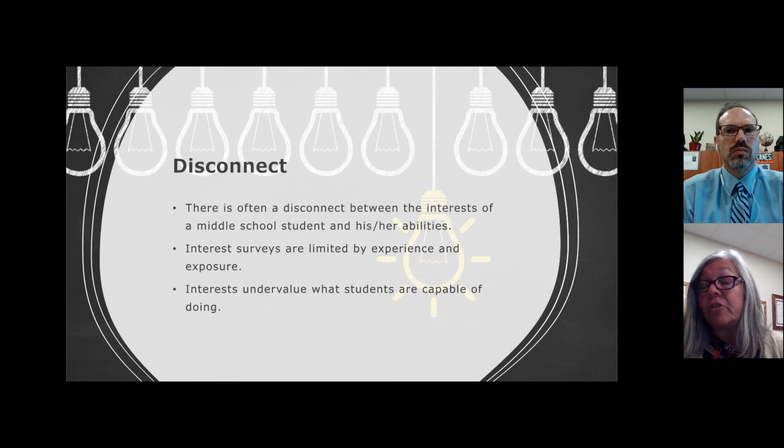Things like professional athletes, musicians, actors or actresses, veterinarians, teachers, doctors, lawyers. There's nothing at all wrong with these professions. In fact, we need them to exist as a community and an economy. But there are thousands and thousands of other professions available for students, other than just what they've seen in their 12 or 13 years of life.